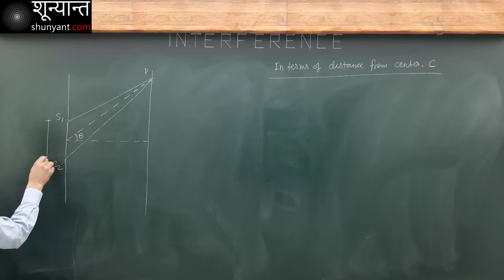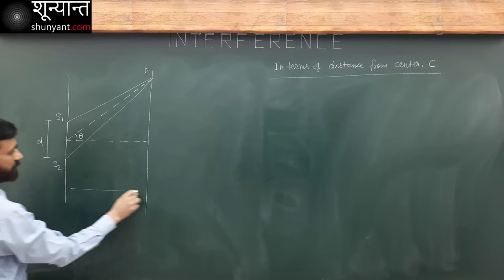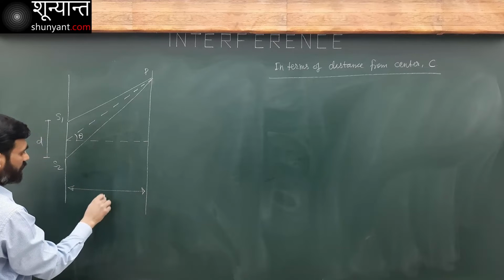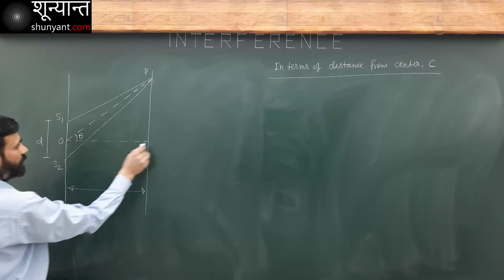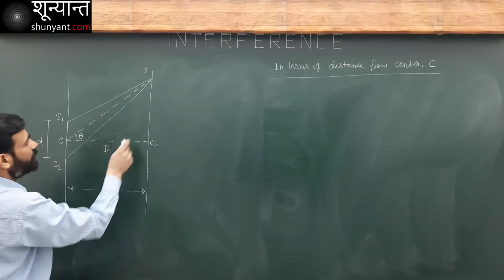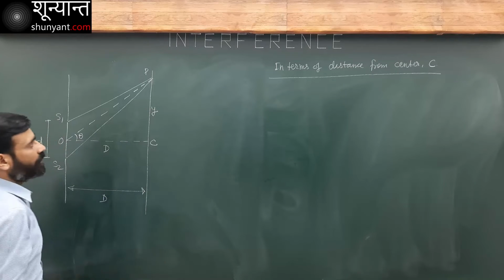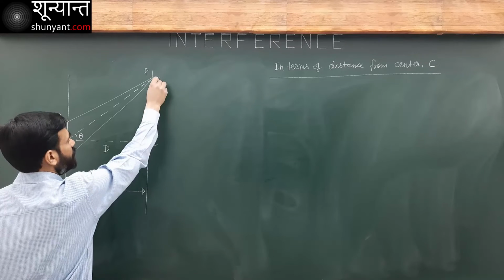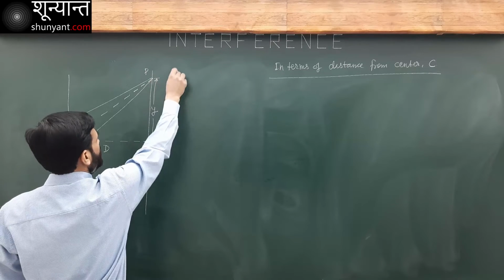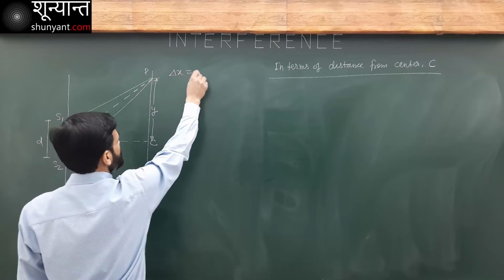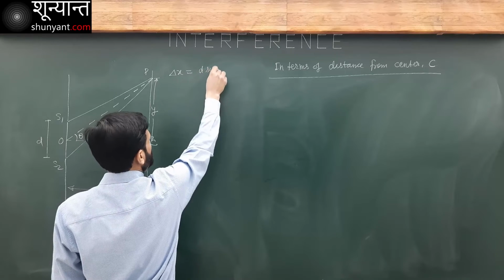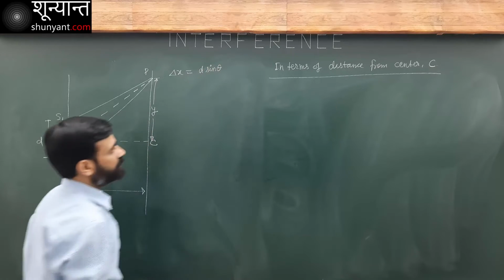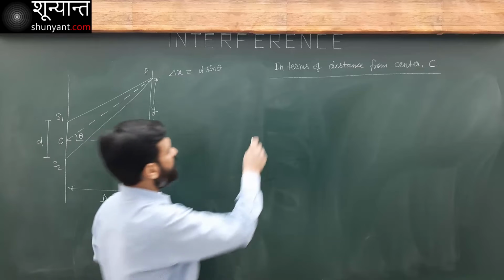This distance is capital D. This is O. This is C. This distance is y. What is y? The distance of this point from the center of the screen. Okay. Path difference delta x is equal to d sine theta. Okay. Now near center.